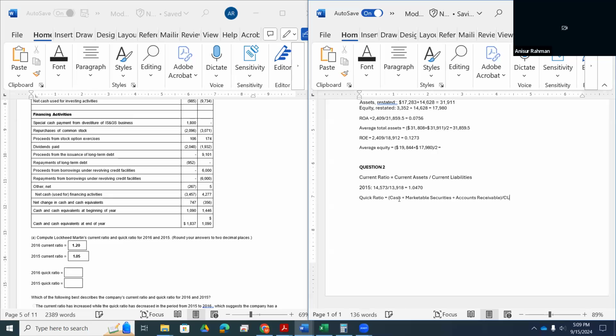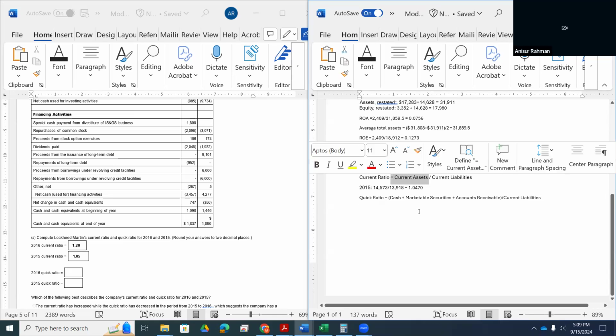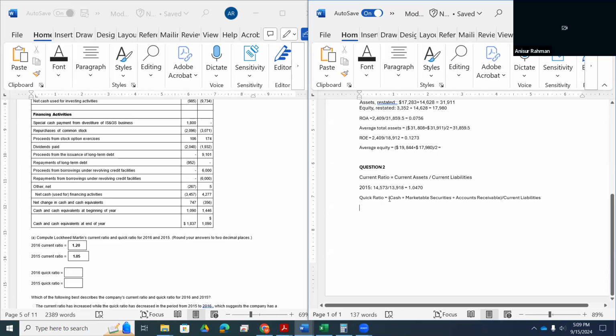And then divide by current liabilities. Now, notice we are still including some of the items that constitute total current assets, but not all. We do not include inventory because inventory is not as liquid as cash, marketable securities, accounts receivable. We also do not include prepaid assets.